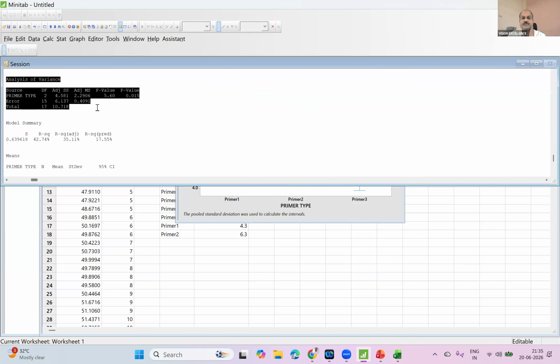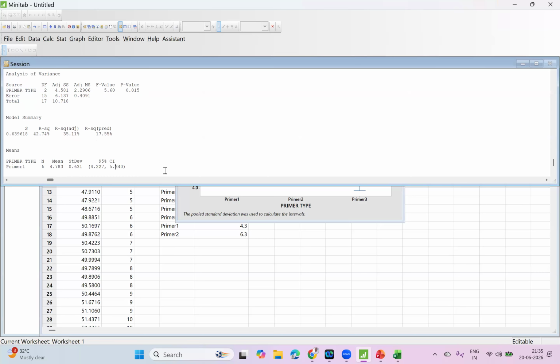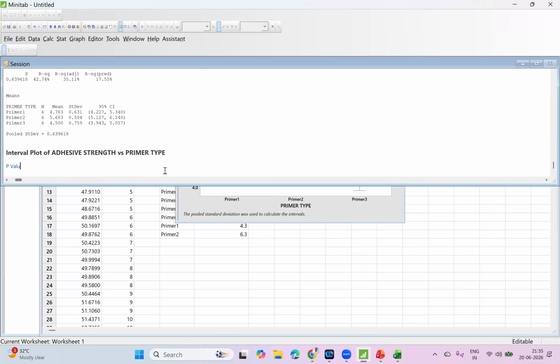Analysis of variance. The first row talks about primer. What is the associated p-value? 0.015. Now you just have to tell me whether the p-value is above 5% or below 5%. Below 5%.